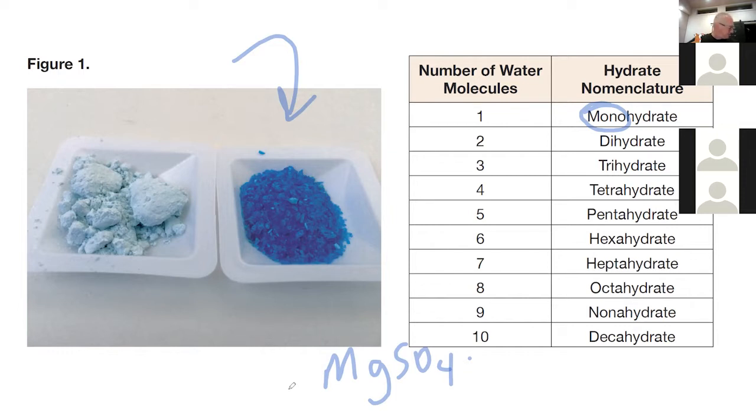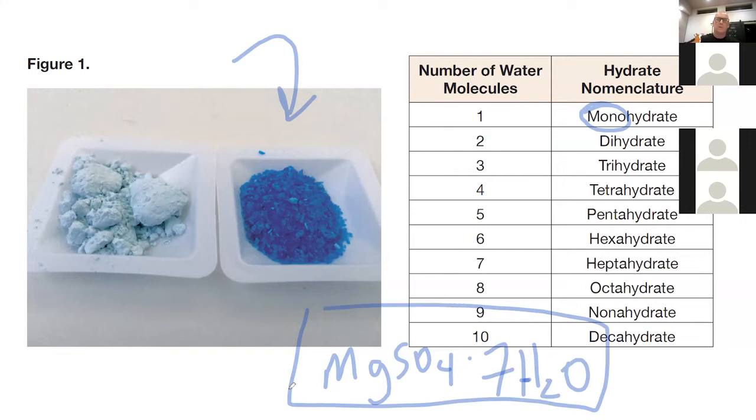How many water molecules are associated with the magnesium sulfate? I guess it's not in the instructions, so I'll have to tell you. It's 7. So what will we call this? What do we call the whole molecule? Magnesium sulfate heptahydrate. Heptahydrate, that's right.